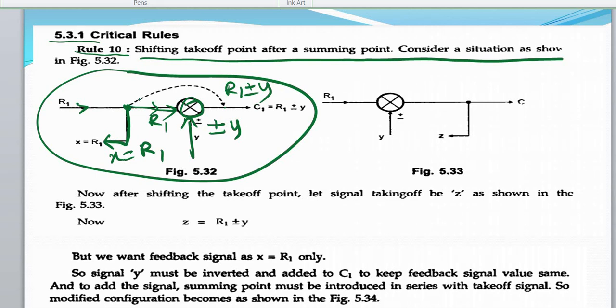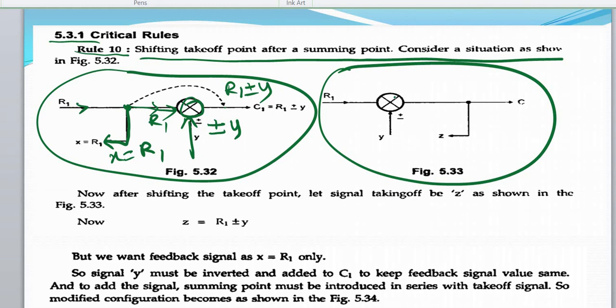Now I want to get this takeoff point beyond this summing point without affecting anything. So I will show it in figure 5.33 like this. There is this summing point. To this there is the signal plus or minus Y, and I have shifted the takeoff point. And the signal from takeoff point, let it be Z now. It was X there, equal to R1.